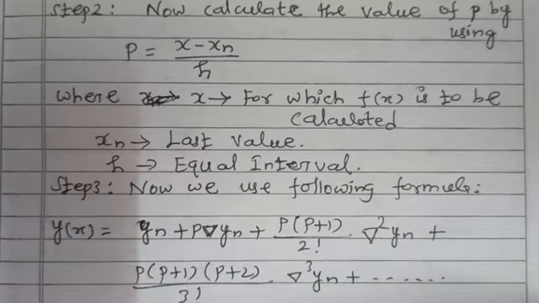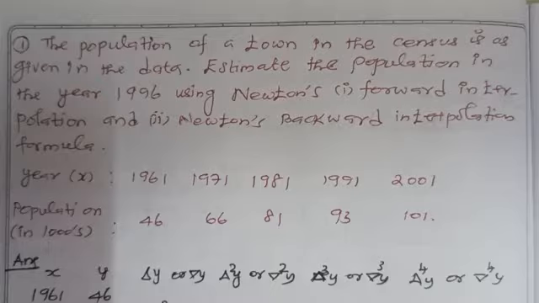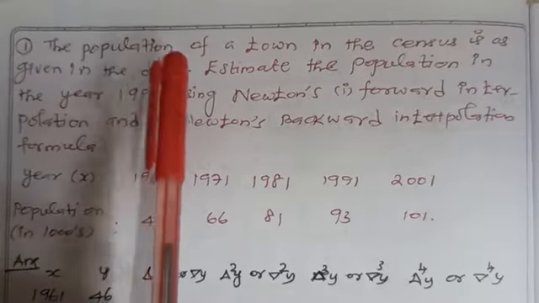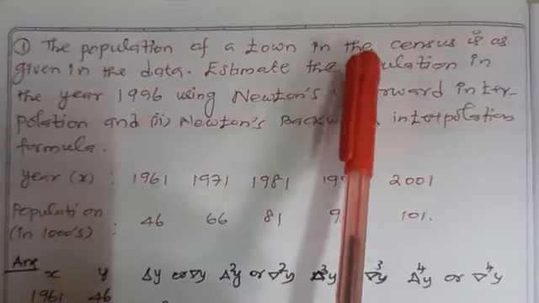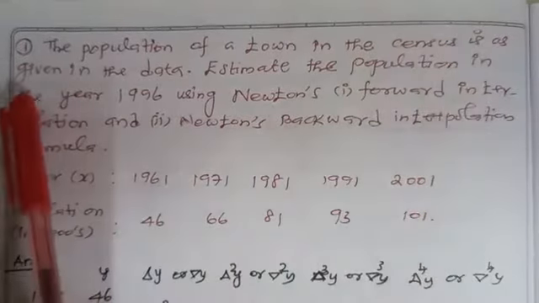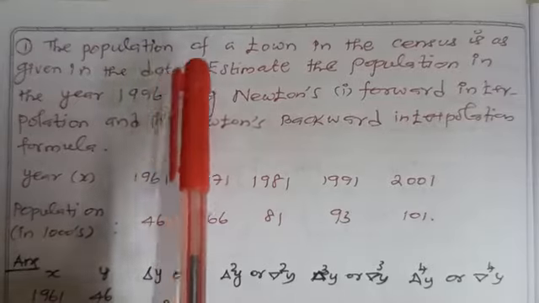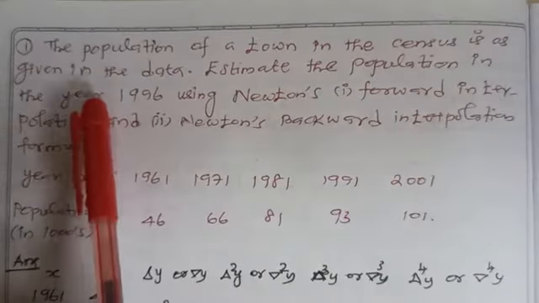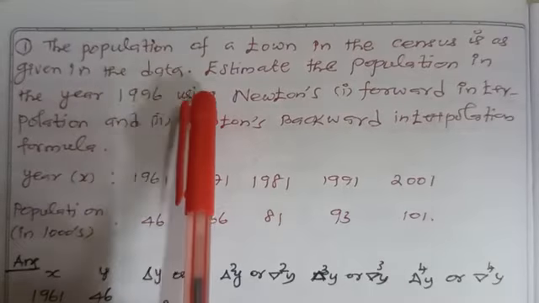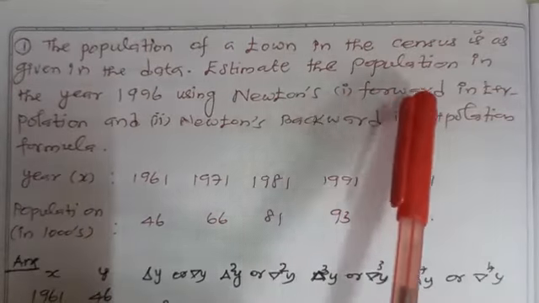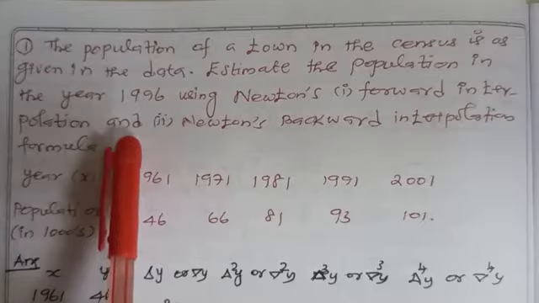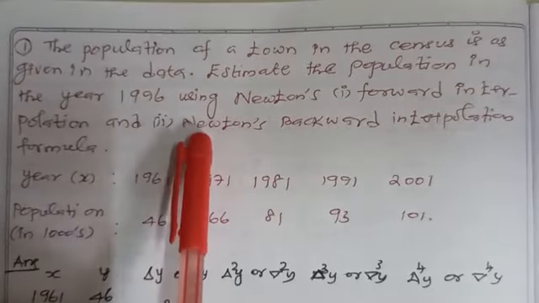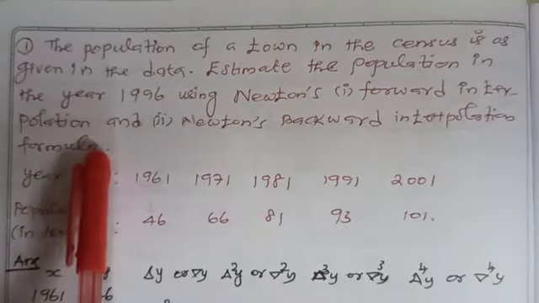Okay, first we will discuss the first sum. The population of a town in the census is as given in the data. Estimate the population in the year 1996 using Newton's forward interpolation formula, and second one, Newton's backward interpolation formula.